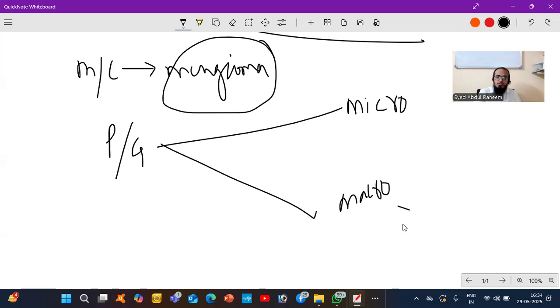Macro is more than 1 centimeter. Micro means less than 1 centimeter. So we call them micro and macro.